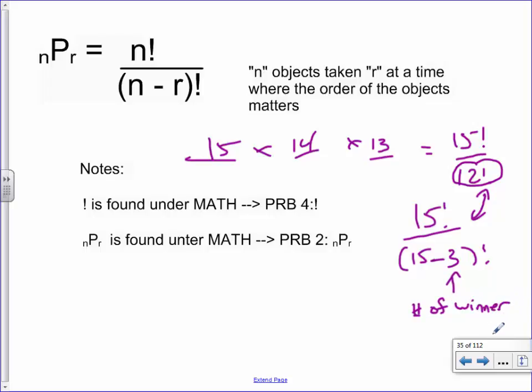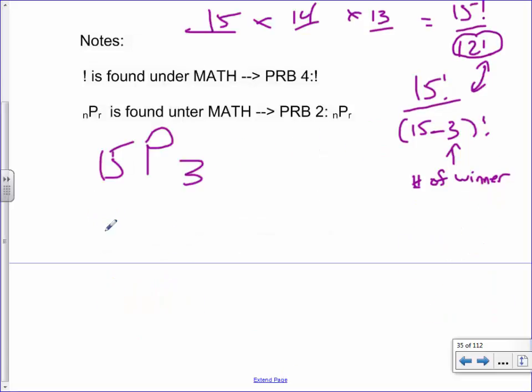As opposed to approaching it from a losing perspective, this approaches it from how many kids actually make the team, or get a prize. The way we write this is 15P3. What 15P3 means is there are 15 kids, 3 of them get a prize. It's then implied that 12 of them do not get a prize. So 15P3 really implies this.